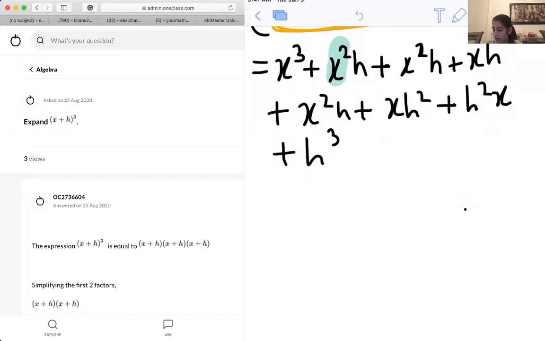So first I'm just going to highlight all the x squared h's that I can find. Yep, those are all of them. Then with a different color, I'll highlight the next set of terms, so xh squared. And then the ones that are just there by themselves.